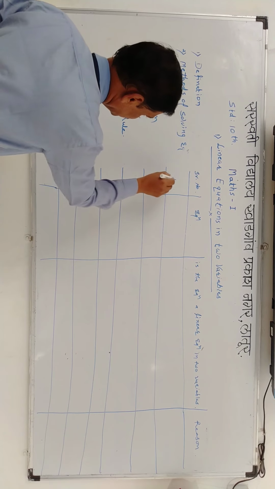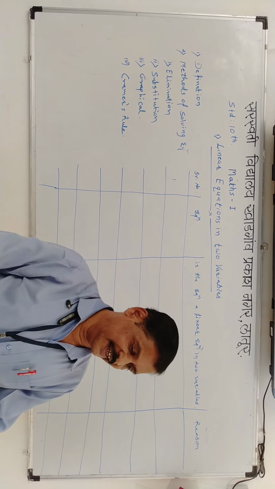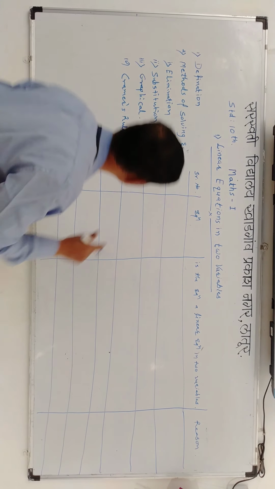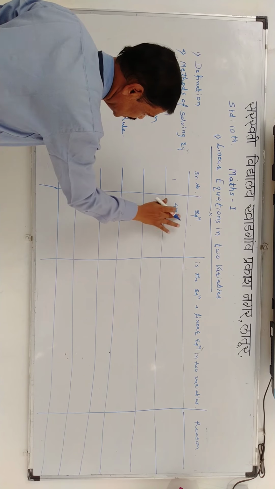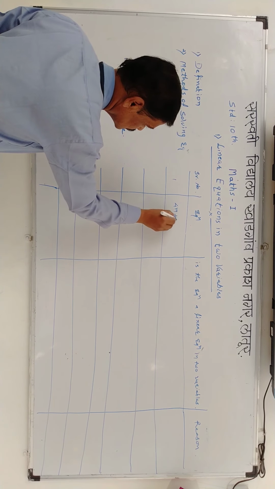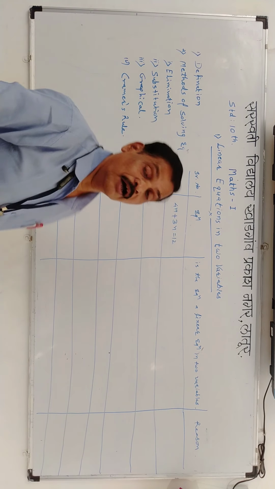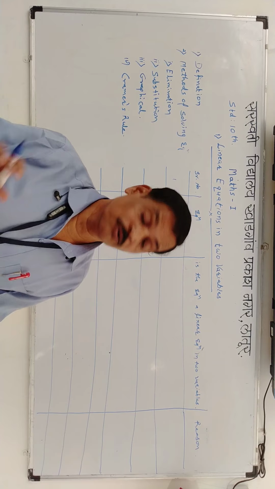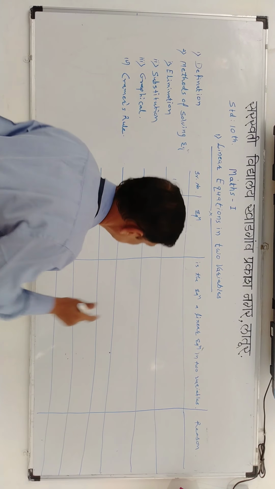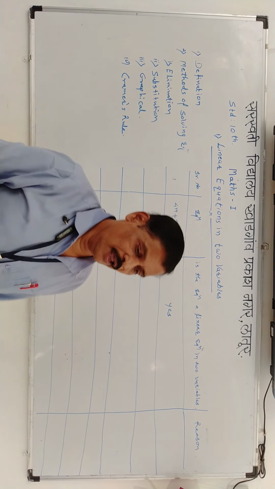Suppose the first is 4m plus 3n is equal to 12. Is it a linear equation in two variables? Yes, it is. Why?